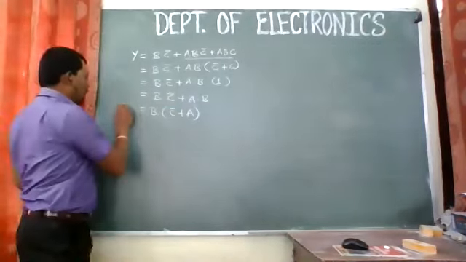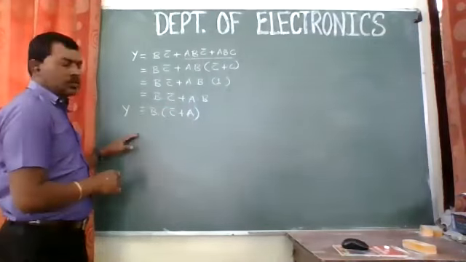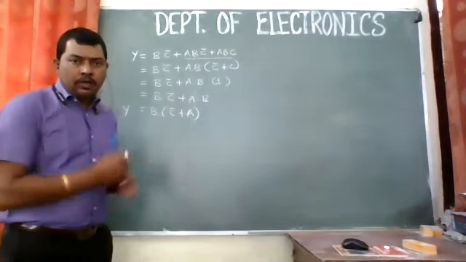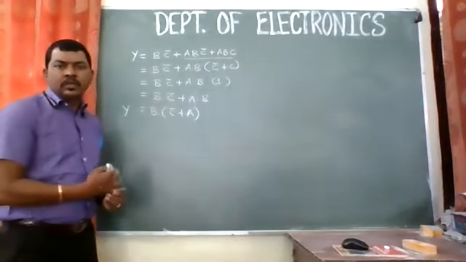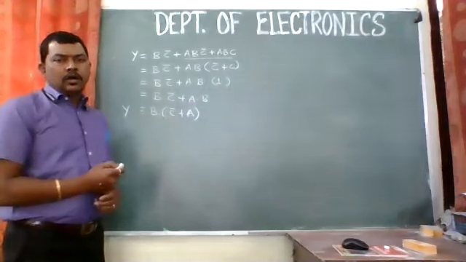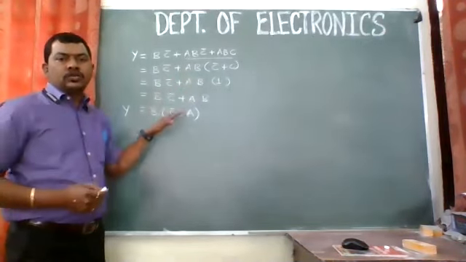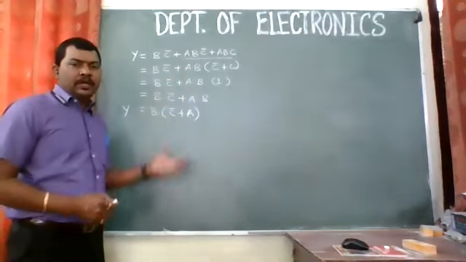So this is the simplified output: Y is equal to B dot C bar plus A. I have just used simple Boolean laws and tried to simplify, and I got this simplified equation.